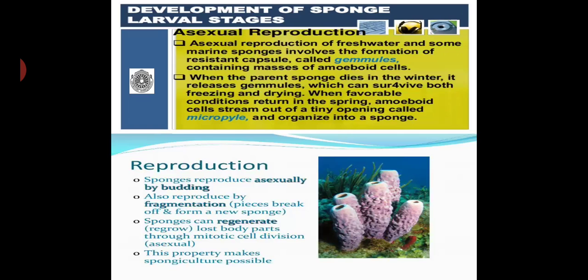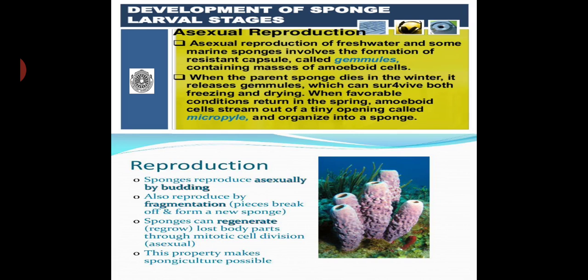Sponges can also regenerate or regrow the lost body parts through mitotic cell division, which is also considered as asexual reproduction, and this property makes spongiculture possible.